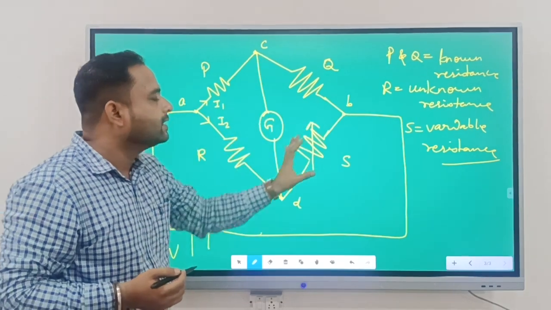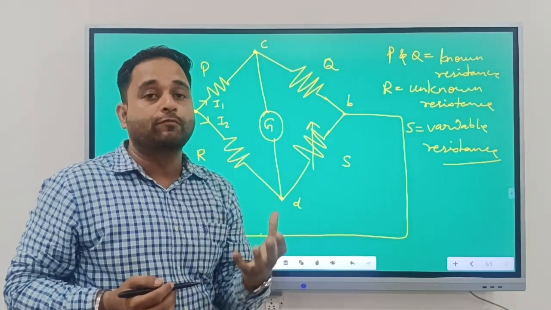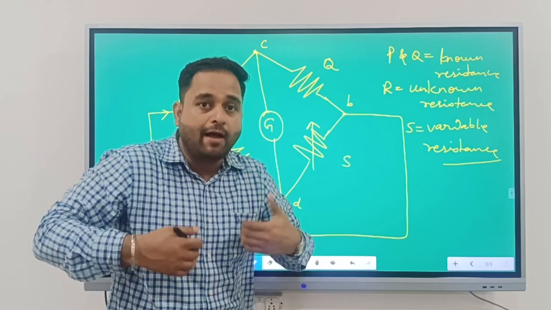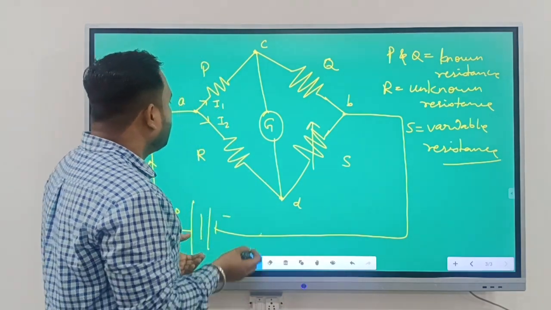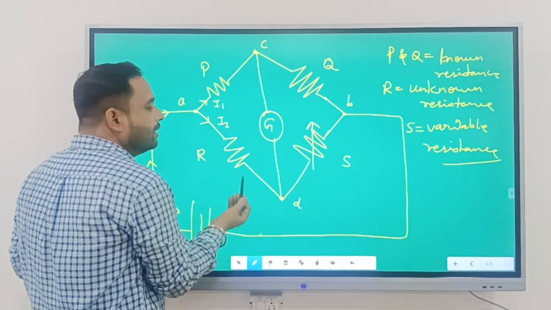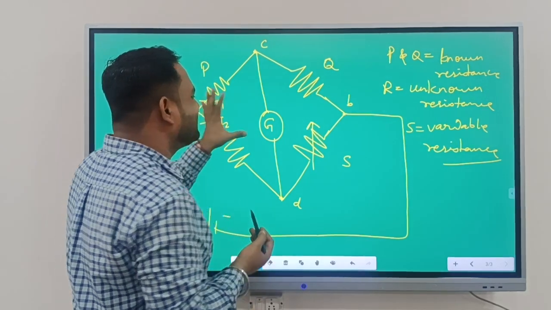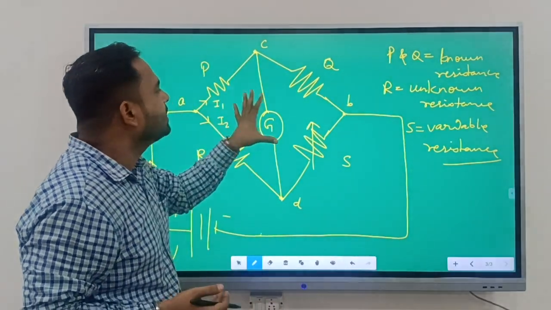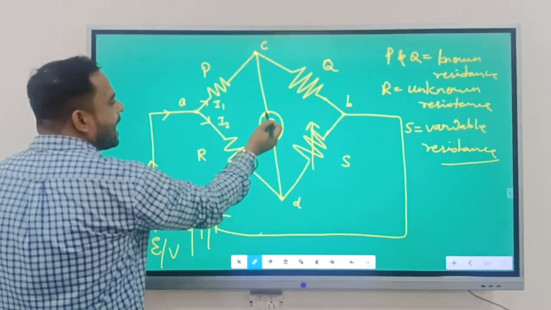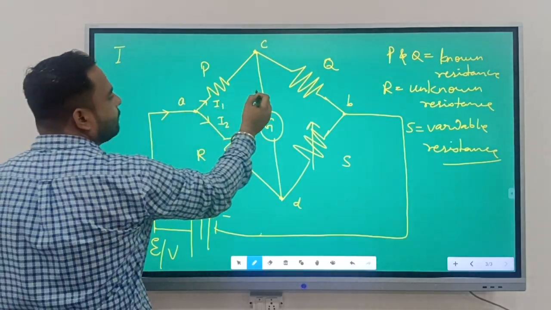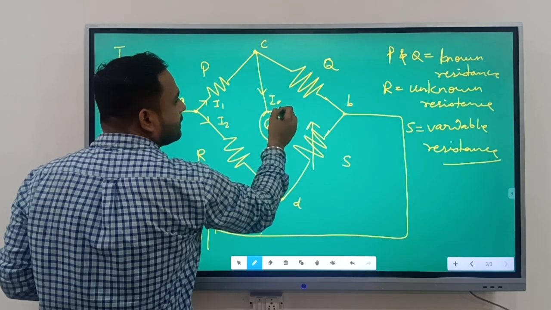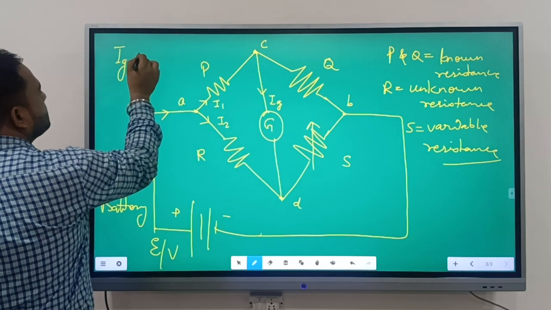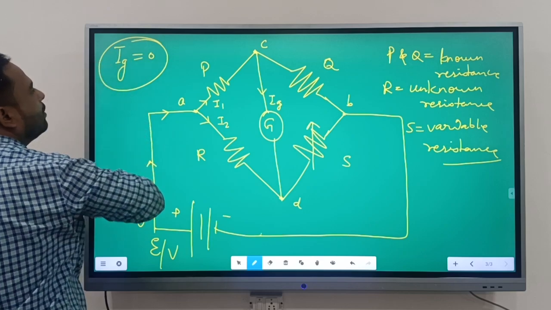Next, what do we have to prove in the Wheatstone bridge? We are given this circuit and we have to prove this is the balanced circuit, and identify this unknown resistance. So we assume that this is the balanced circuit, which means Ig, the current flowing through the galvanometer, is equal to 0.